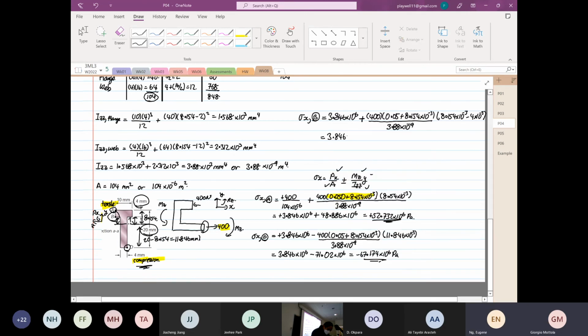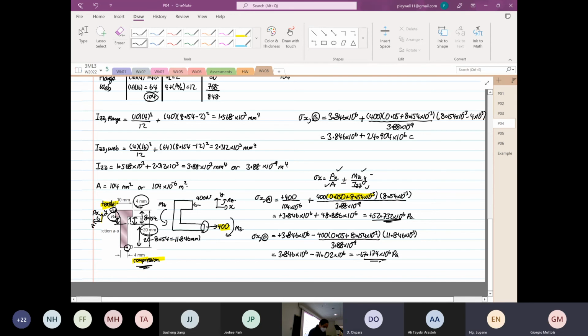3.846 times 10 to the power 6 plus (0.05 plus 8.154 times 10 to the power minus 3) times 400 divided by 3.88 times 10 to the power minus 9 times (8.154 times 10 to the power minus 3 minus 4 times 10 to the power minus 3), close bracket, is 24.904 times 10 to the power 6.